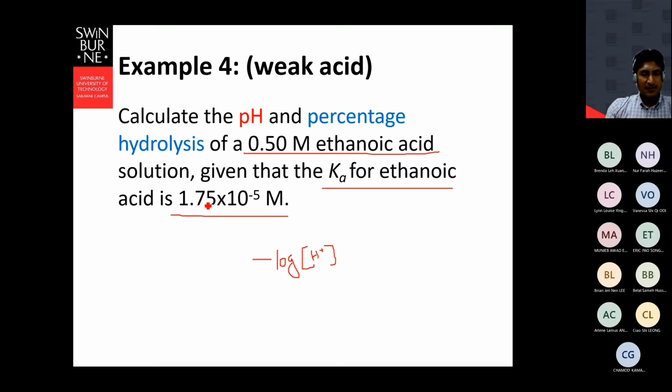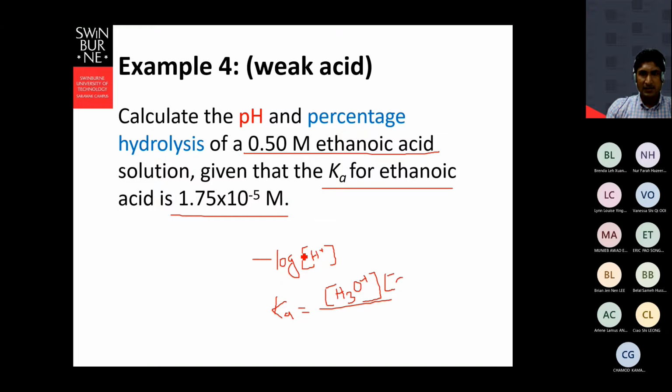How do we find the hydrogen ion concentration? We have to use the Ka value. Which one is easier for you? It is not easy for me to write hydronium ion.